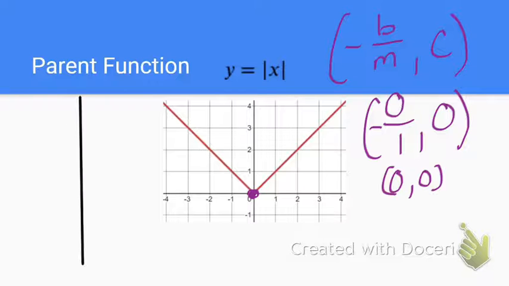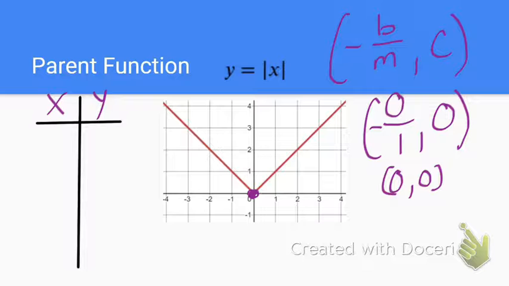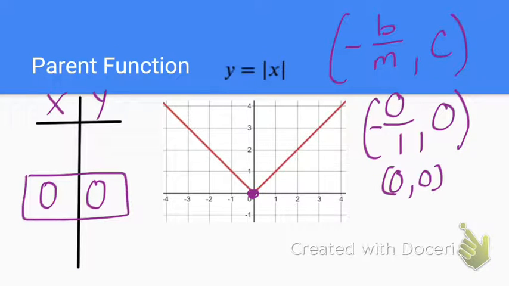Yesterday, when we were doing the homework tables, I recommended that you start with your vertex in the middle, and then you look at what's happening around it, so you get that nice symmetrical picture. And you can see from our values here, from our graph, that these are the values we get for y equals the absolute value of x.